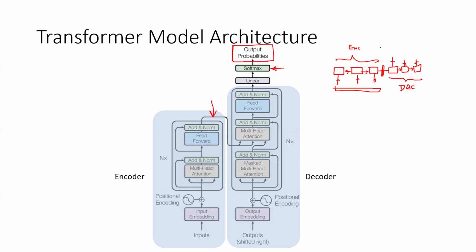So let's see each of the components and what each of them is doing, right? In this diagram, you can see we have the inputs, which can be a set of word inputs or token inputs. When it comes to this paper, it is about natural language translation, so it is actually a sequence of words.